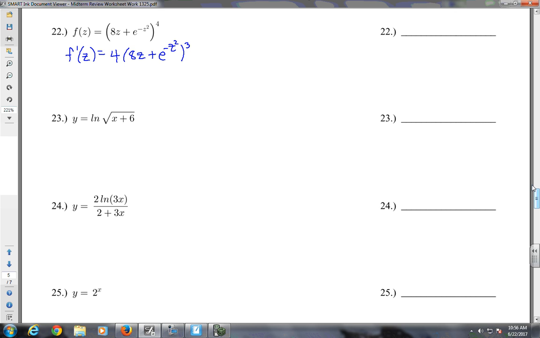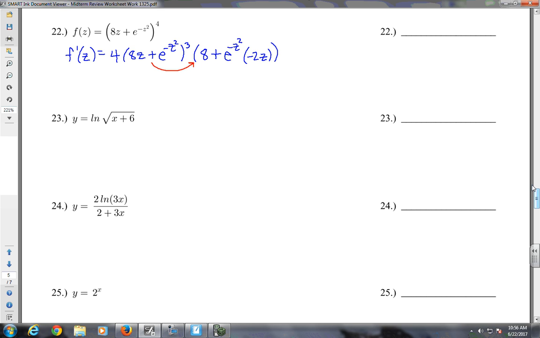All right, so that takes care of the outside function, but the chain rule says now multiply by the derivative of the base. That gives us 8 plus, now notice to differentiate the e here, we make a copy of the e and then multiply by the derivative of the exponent.